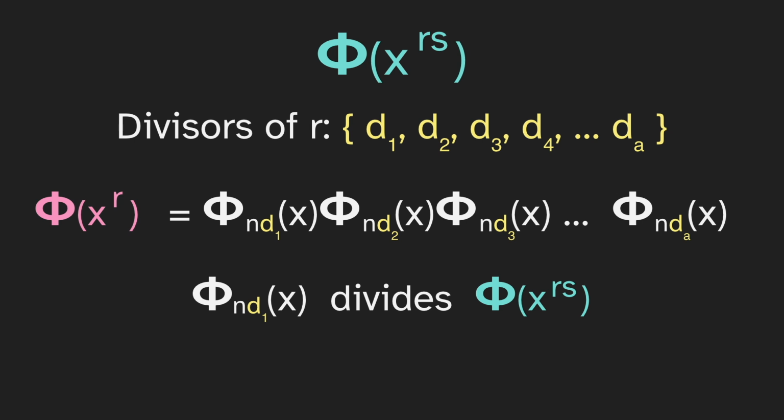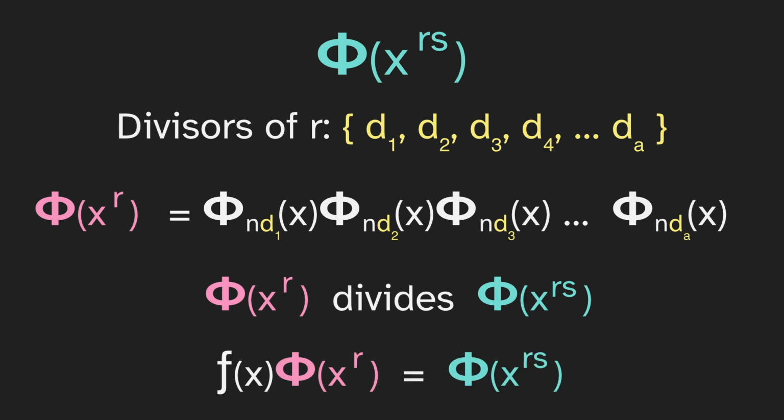And that's also true for phi nd2, phi nd3, all the way up through phi nda. And because all of those terms divide the blue term, that means that phi of x to the r also divides phi of x to the rs. In other words, there's some f such that f times phi of x to the r equals phi of x to the rs. And we will claim that that f is the I that we're looking for.